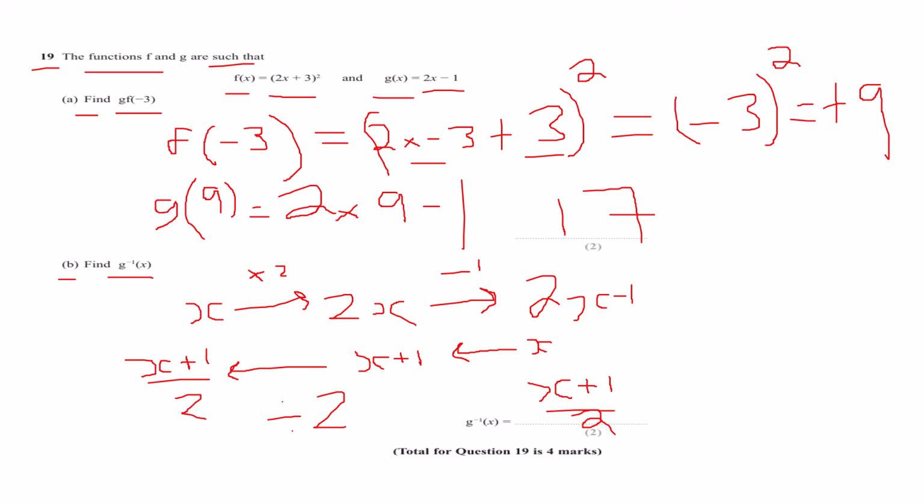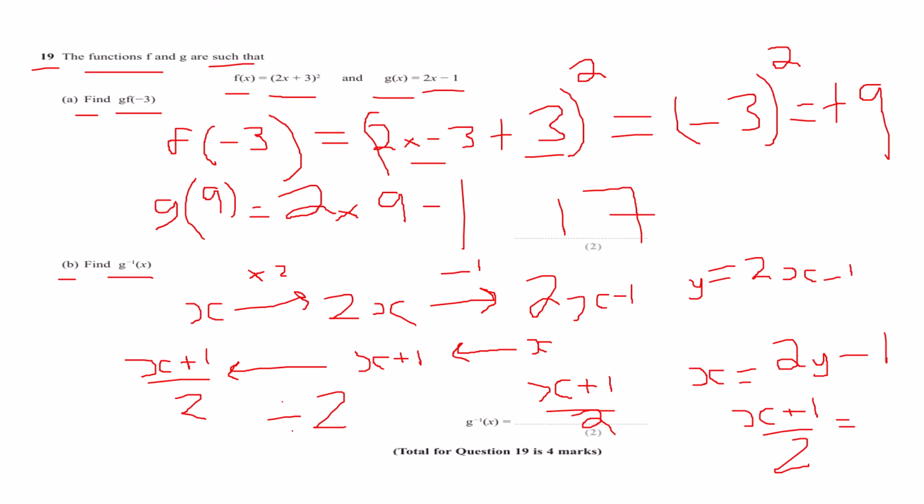Of course, the formal method is to let y equal g of x, so y equals 2x minus 1, swap x and y around, and then rearrange to make y the subject of this new formula. So you add 1 to both sides and then divide by 2. So you get x plus 1 halves equal to y.